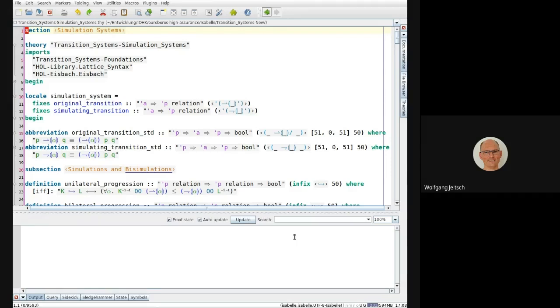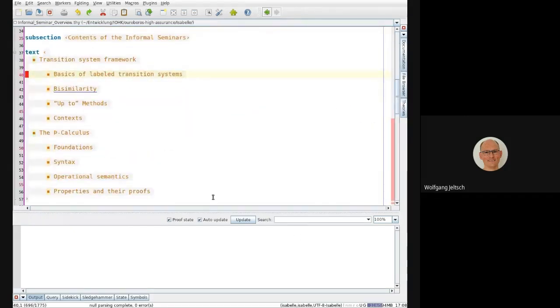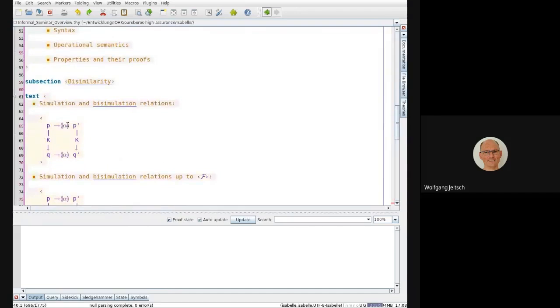And now we have this notion of bisimilarity and these underlying notions of simulation and bisimulation, and we have seen also the notions of bisimulation and simulation up to some function. And these refer to this simulation game, which I have showed you lots of times and cannot find. Now, here it is, where we have these two legs on top and on the bottom.